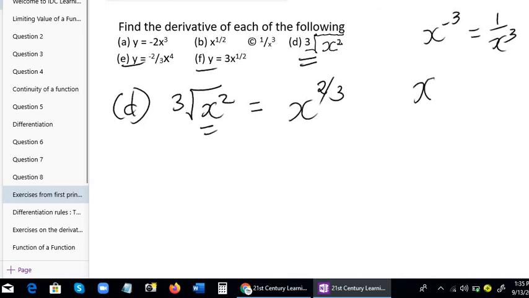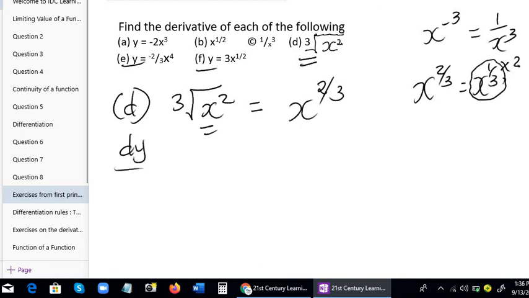And if you have x raised to the power of 2 over 3, we can expand this to be x to the power of 1 over 3 times 2. The 1 over 3 means cube root of x, which is this. Then this 2, look at it here. What we have here is the same thing as this. So that's the first thing. You need to reverse the operation.